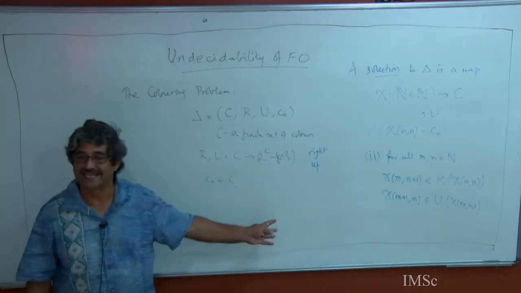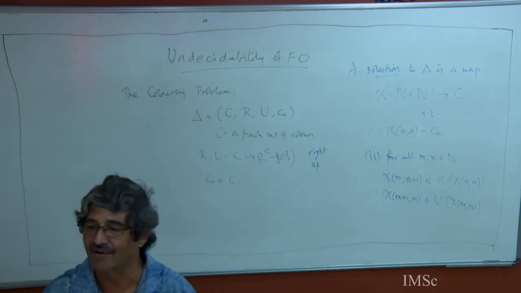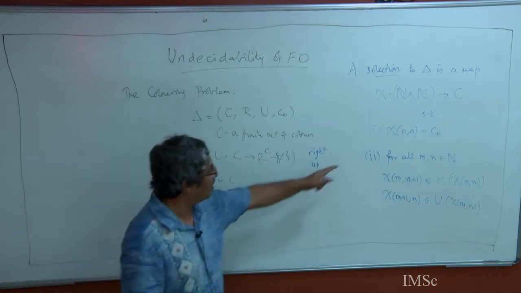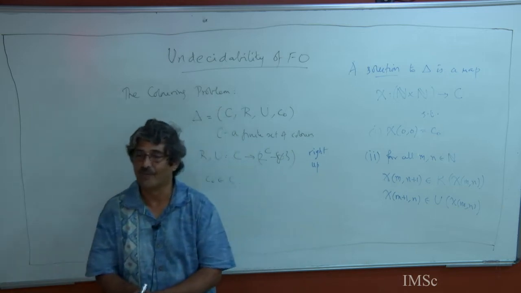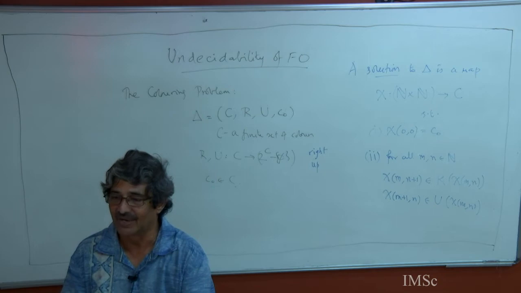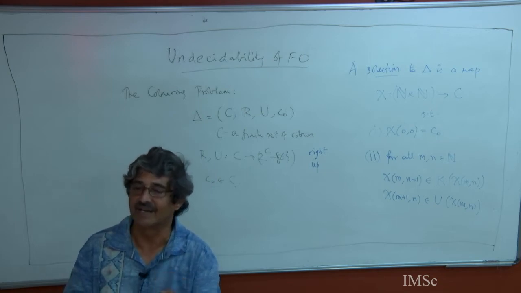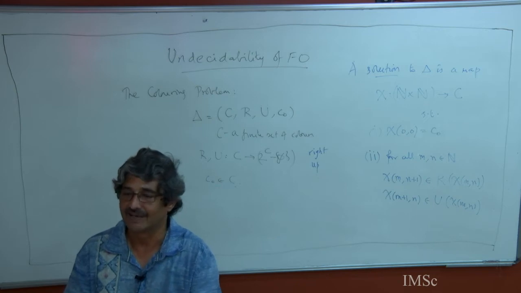Makes sense, right? Basically, you are supposed to color the N cross N. You have been told what you should do for C0. Now, (0,0) you have colored. So this says (0,1) and (1,0) you have been given the constraints. You pick some color C1 here and C2 here.